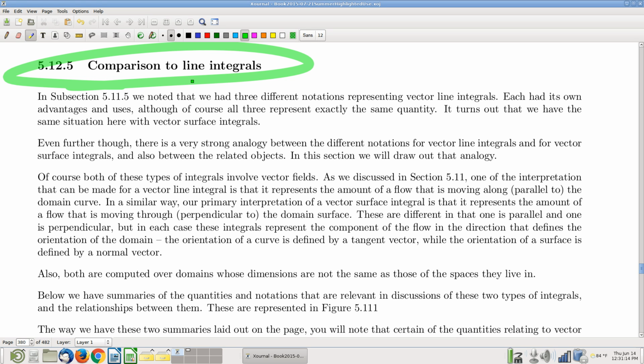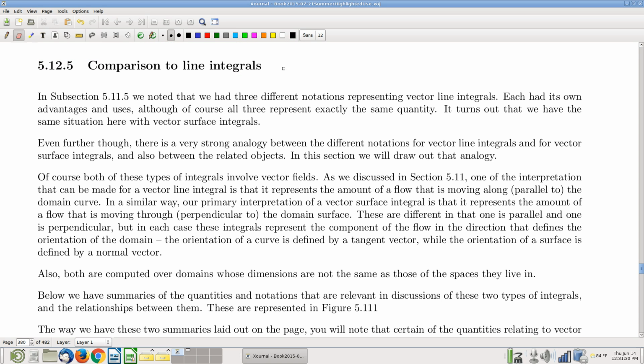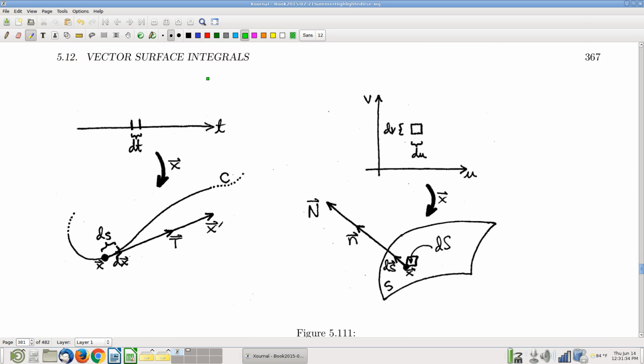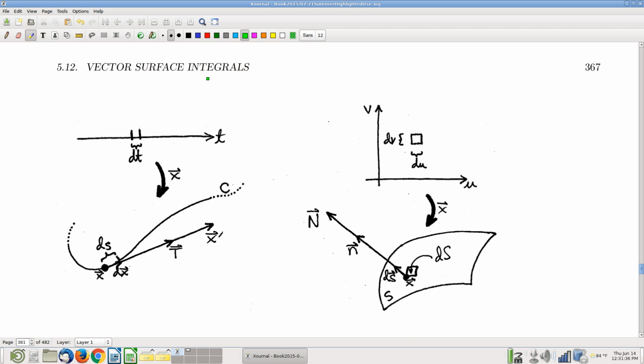And we were interested in the question of how much work would it take to move, applying forces while moving along a certain curve. So work and forces as opposed to flow rates and flow fields. Completely different applications. What's weird is how much these constructions have to do with each other mathematically.